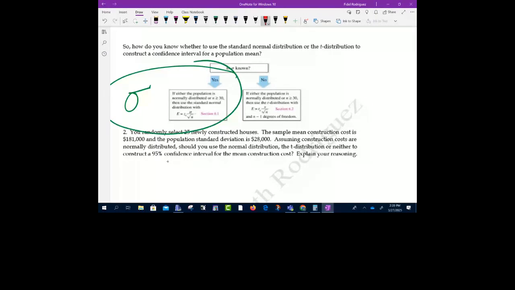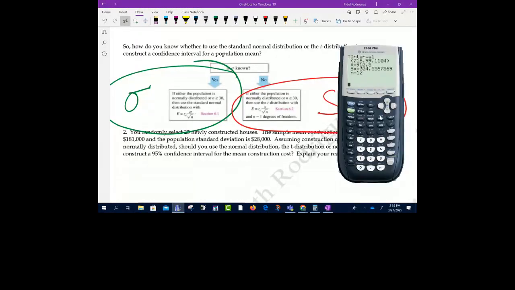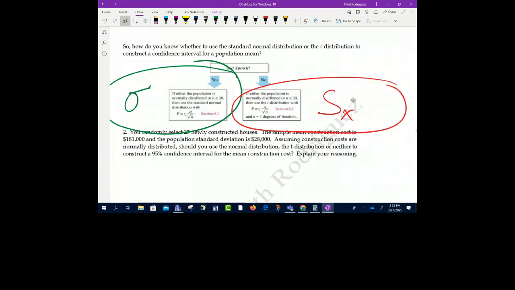If we don't know it and we only know our SX or our S, the reason I put the little X, y'all, is because when we do this on the calculator, see how it has S with the X? That's why I write it as SX, because my calculator tells me that. If the only one I know is this guy, then I have to use the T distribution.